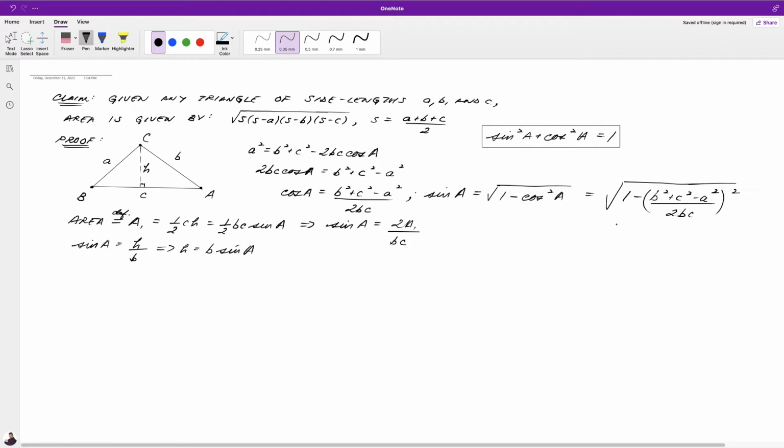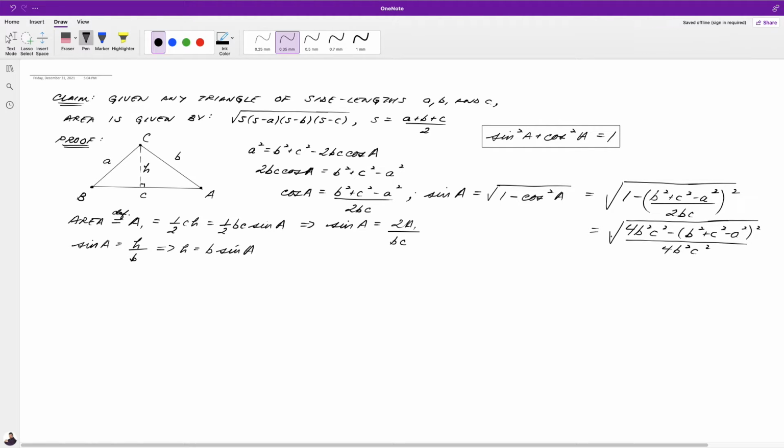And we can go ahead and simplify this. We're going to have a common denominator of 4b squared c squared. Okay, so I'll be writing this as 4b squared c squared minus, and we will go ahead and keep this all factored here, b squared plus c squared minus a squared all squared over this squared, which is 4b squared c squared.